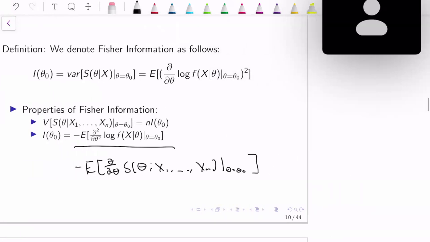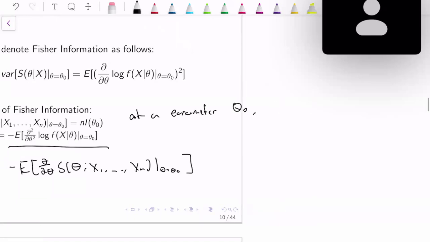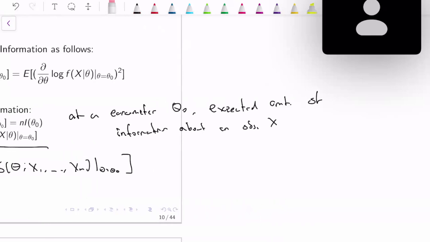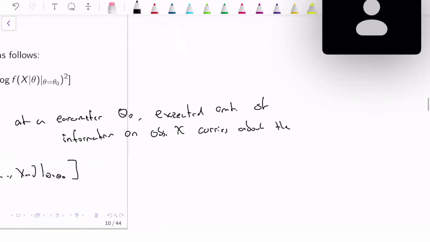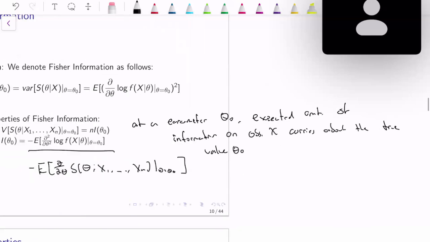And you can think of Fisher information as, at a parameter theta naught, the expected amount of information an observation X carries about the true value theta naught.